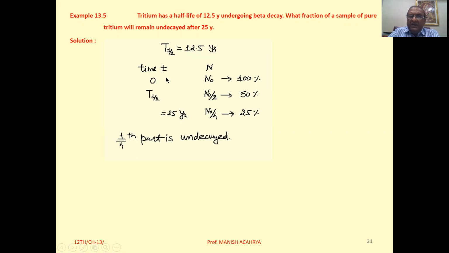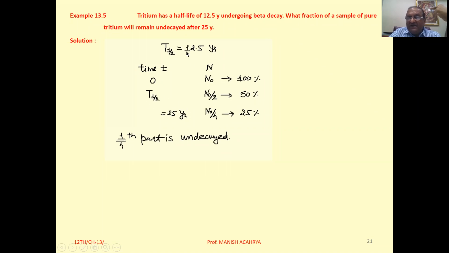Now see, at time t equal to 0, the number of undecayed nuclei is N0, meaning 100% is there. After time equal to half-life, the number of undecayed nuclei becomes exactly half, so it becomes N0 by 2. So that becomes 50%. Clear?